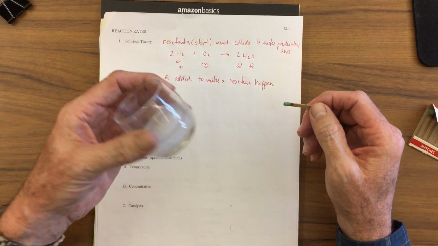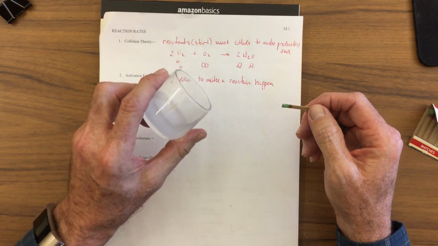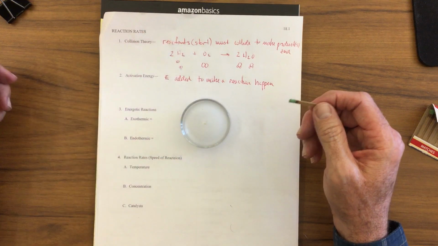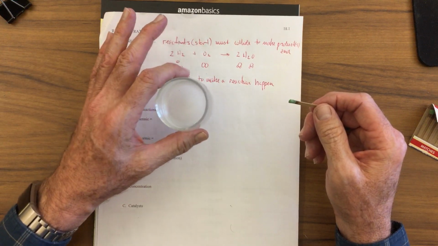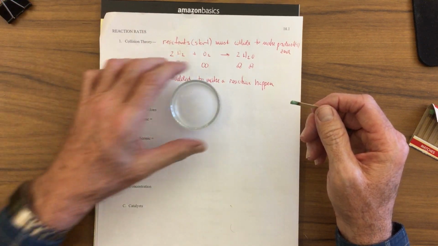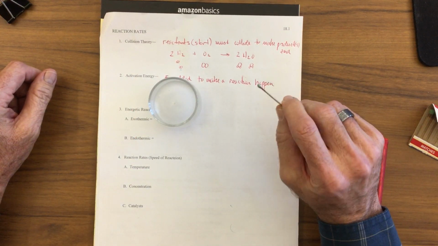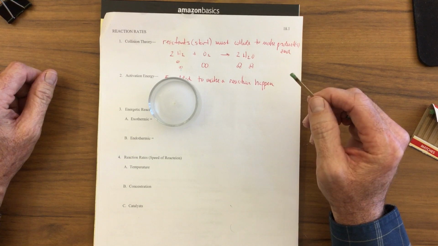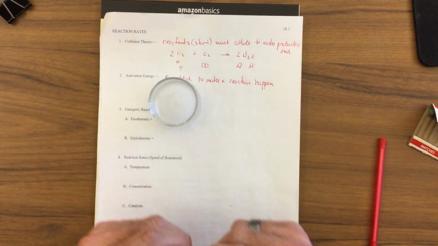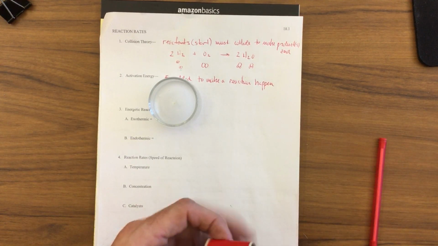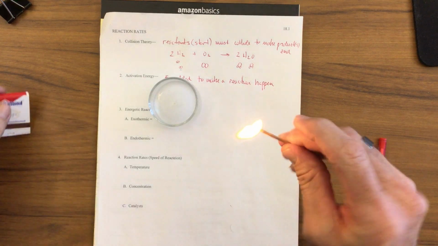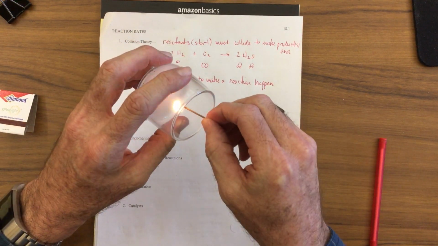Well, why is that? This has lots of energy that's stored on the inside of it, and that energy is going to be released. So the total sum of the energy that's going to be released is a lot more from this candle compared to this match right here. However, I have to release that energy. I have to have it activated. So what I'm going to do is we're going to now light this candle.